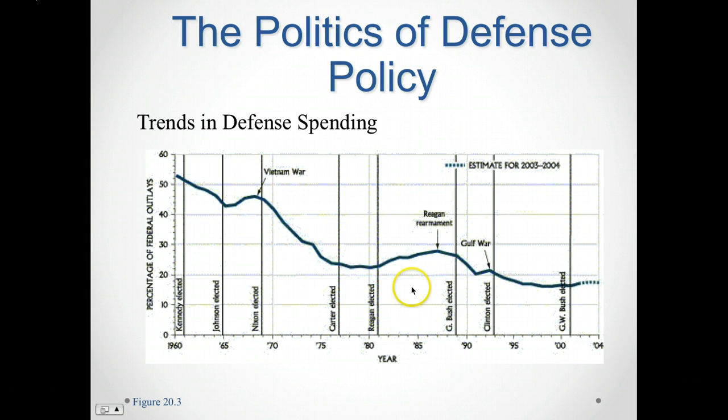Down here we can see this thing called the peace dividend after the fall of the Soviet Union. Then we can see that it goes back on the upswing during the presidency of Bill Clinton, goes down again, and then George W. Bush, and then it sort of trails off as a steady part of the budget.